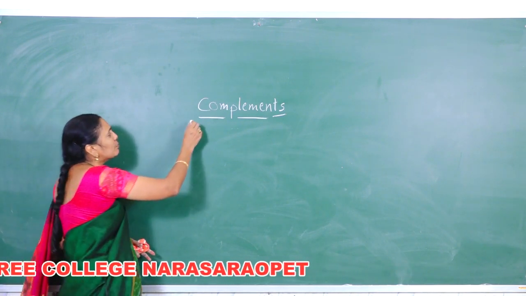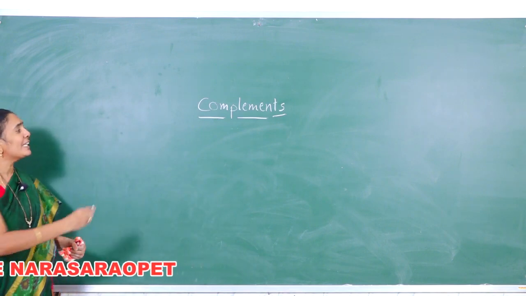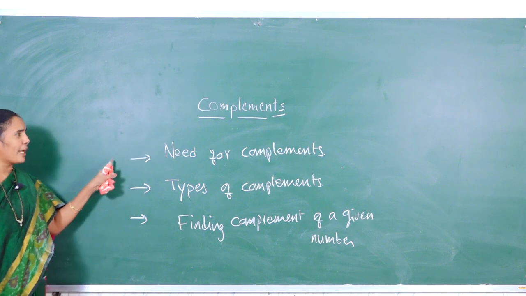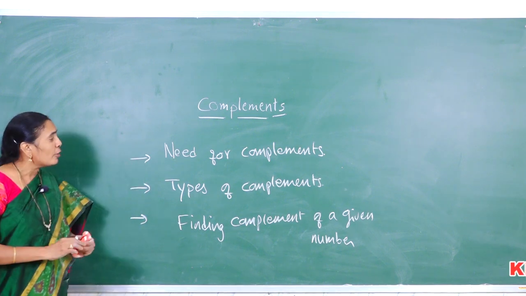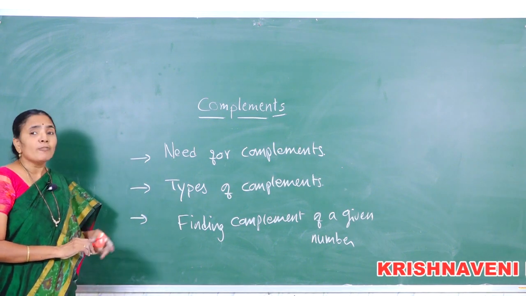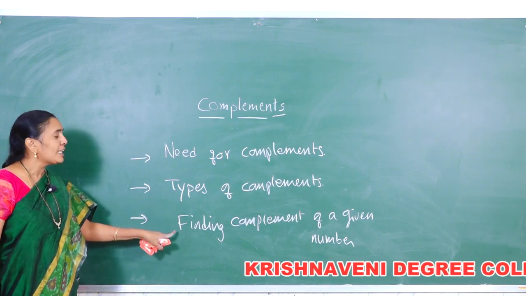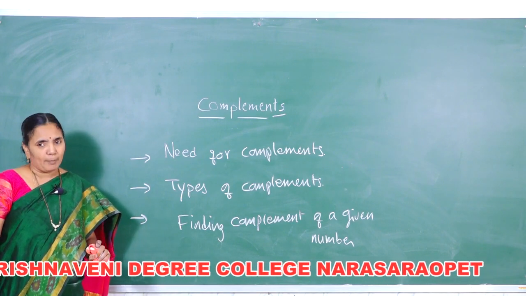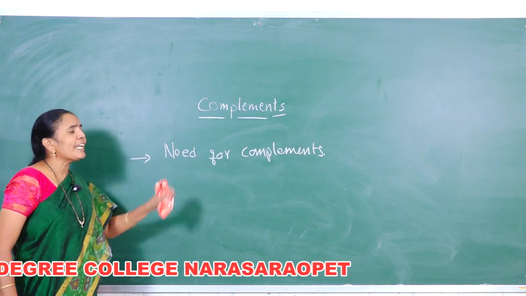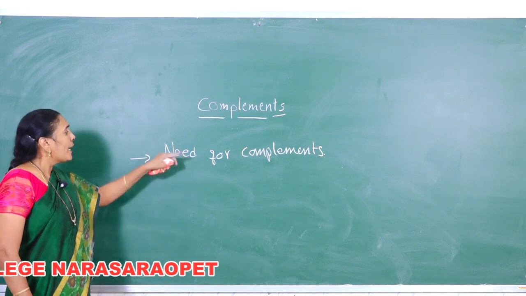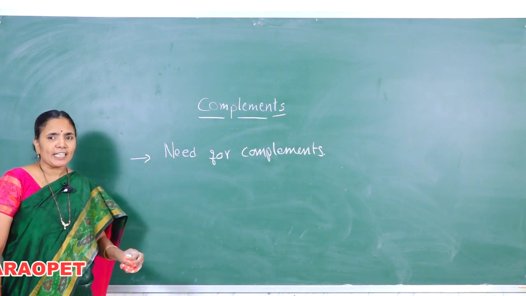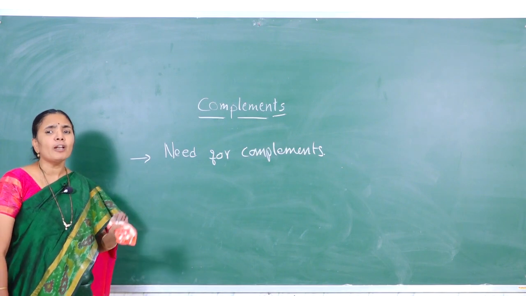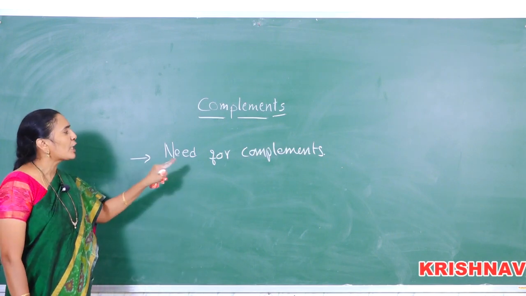Now, let us move to the topic. First, let us discuss the need for complements. Under the topic complements, we are going to discuss the need for complements, the types of complements, and how to find the complement of a given number. Now, let us see the need for complement. In the previous discussion, we said that having 4 different circuits for performing 4 arithmetic operations becomes costlier.